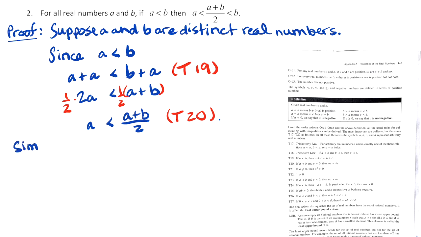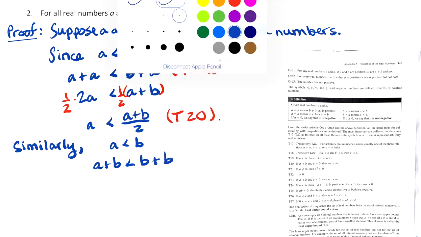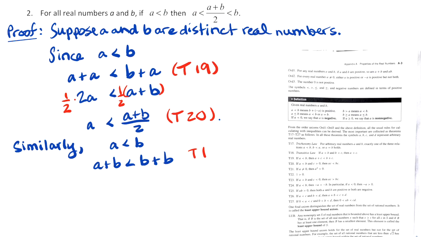Similarly, if I work on the other side, A less than B is equivalent to A plus B less than B plus B. And remember, that was from theorem 19 again. Well, looking at this, do you see I would get A plus B is less than 2 B's?